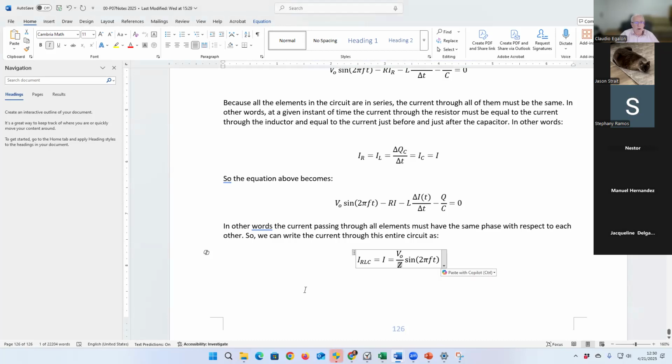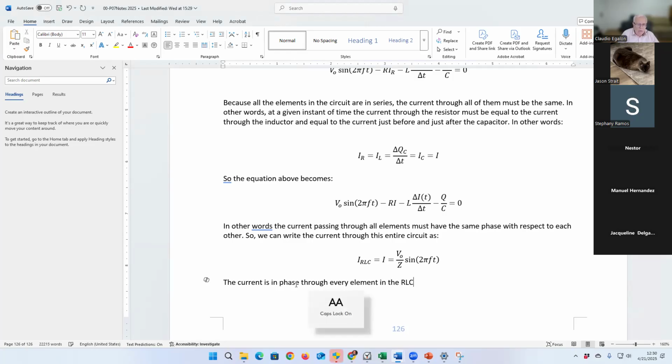The currents are in phase in this RLC, okay? The current is in phase through every element in the RLC circuit, but not the voltage. Not necessarily the voltage.